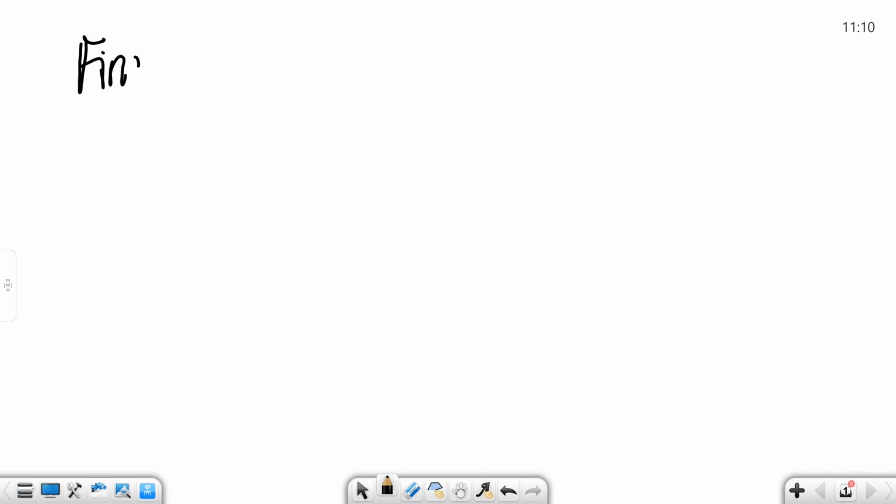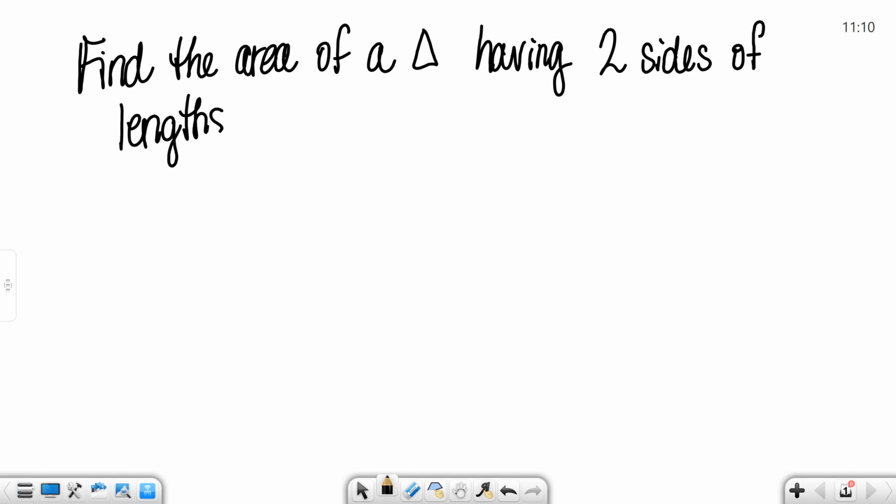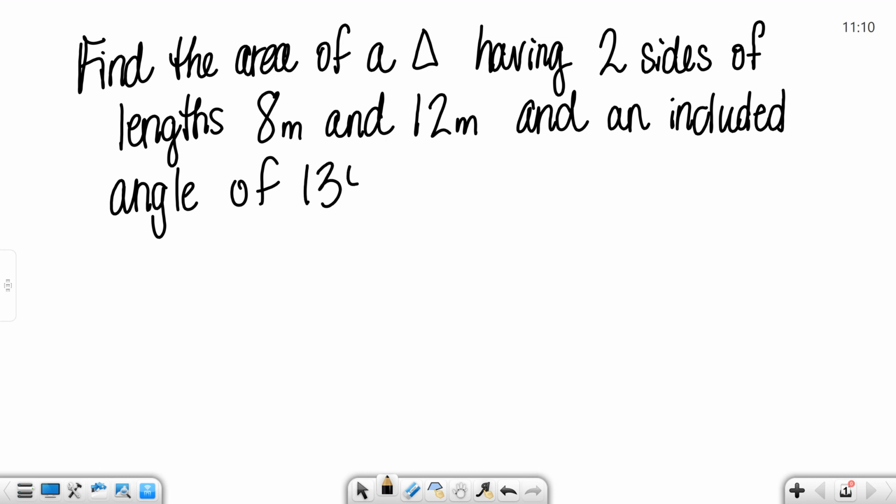So if I said, find the area of a triangle having two sides of lengths 8 meters and 12 meters, and an included angle, that's that word I just used, an included angle of 135 degrees.